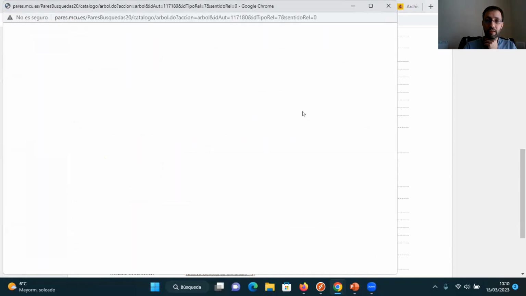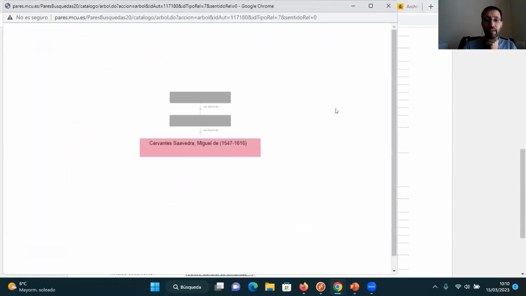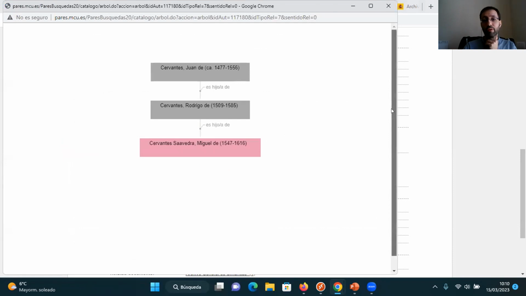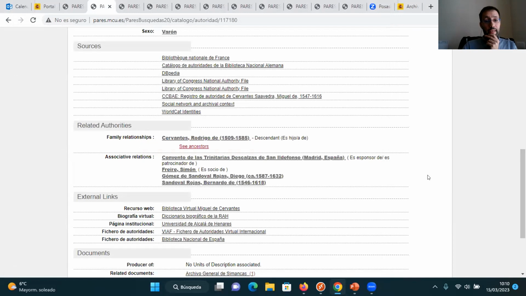If we click here, we can see a short view of the genealogical tree for the family of Miguel de Cervantes. This is one of the possibilities that working with entity descriptions, with a complete entities description, can offer to our portal, to our system of databases.